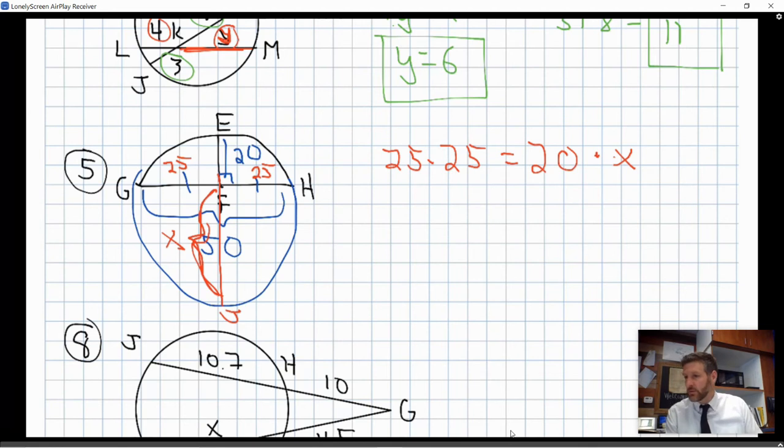So 25 times 25, that's going to be 625, equals 20X. And then we just divide both sides by 20.